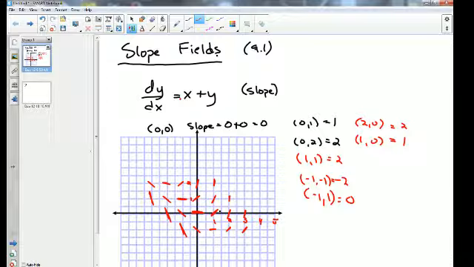So we don't know what the y-intercept is. That's what the plus c is, right? But what this is telling you is the general shape of the graph. You have the shape of the graph, but you do not have the location. So the graph would look maybe something like this.